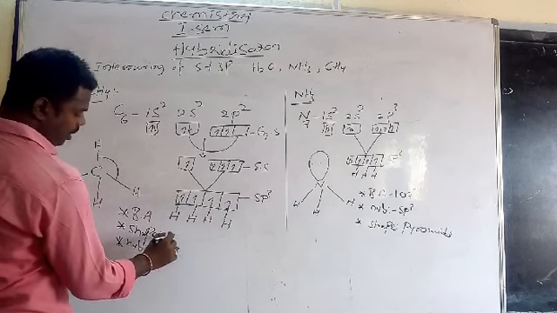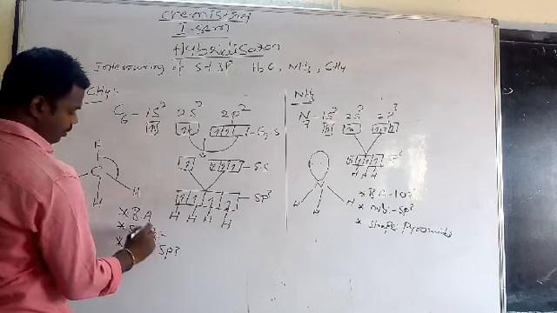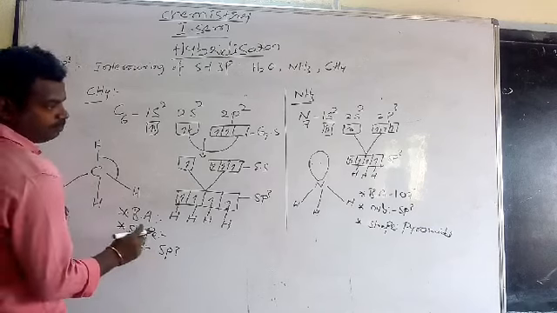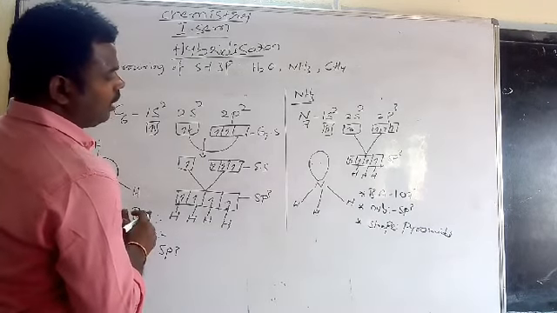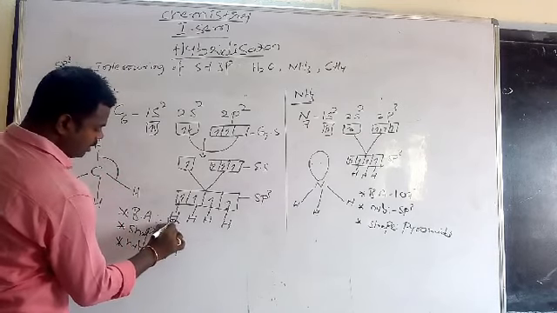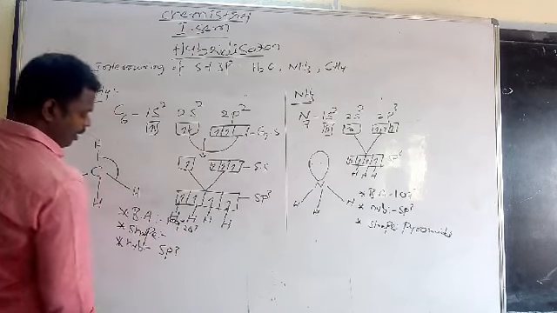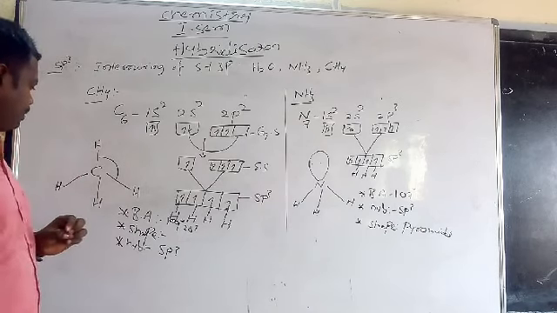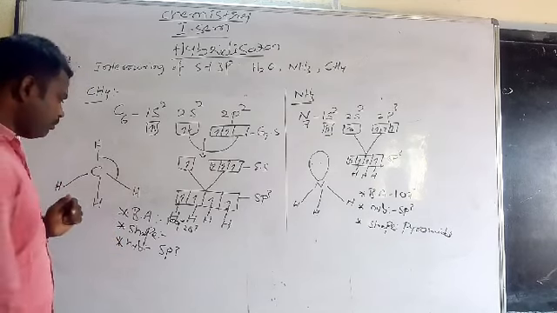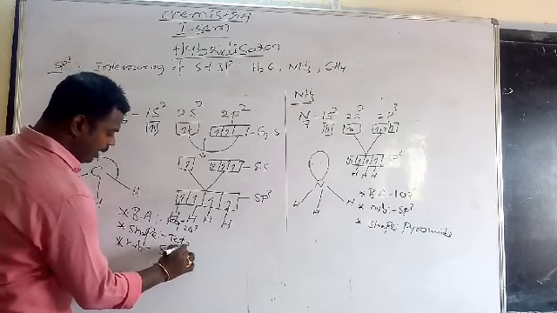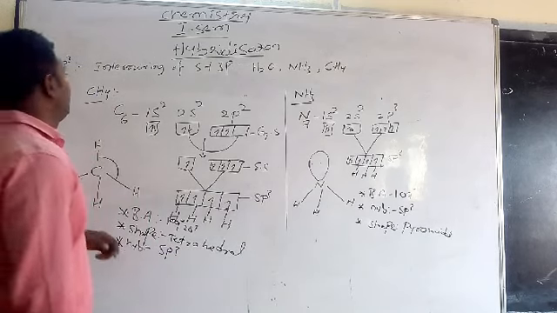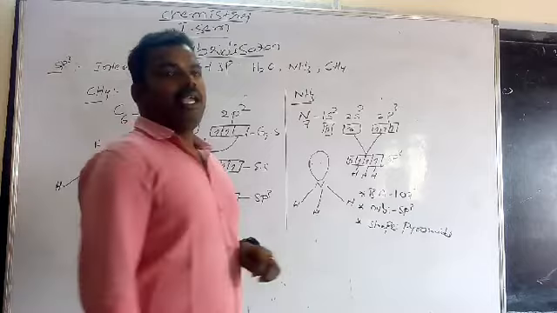The bond angle of CH4 is 109 degrees 28 minutes, and the shape of the molecule is tetrahedral. This is an example of sp3 hybridization.